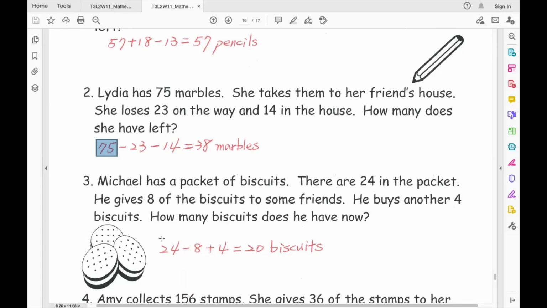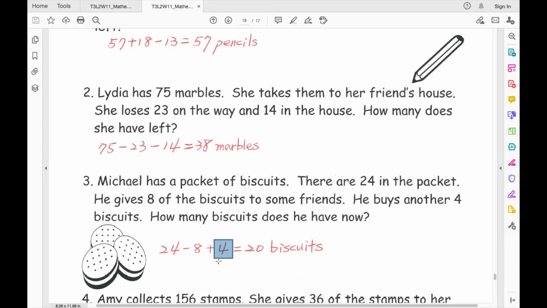So what we have to do here is find out how many he had at the start, which was 24. But then he gave away 8, so we've got to take away 8 biscuits. And then after he gave away the biscuits, he bought another 4. So we're going to add 4. Now at the end, we get 20 biscuits. So he now has 20 biscuits.